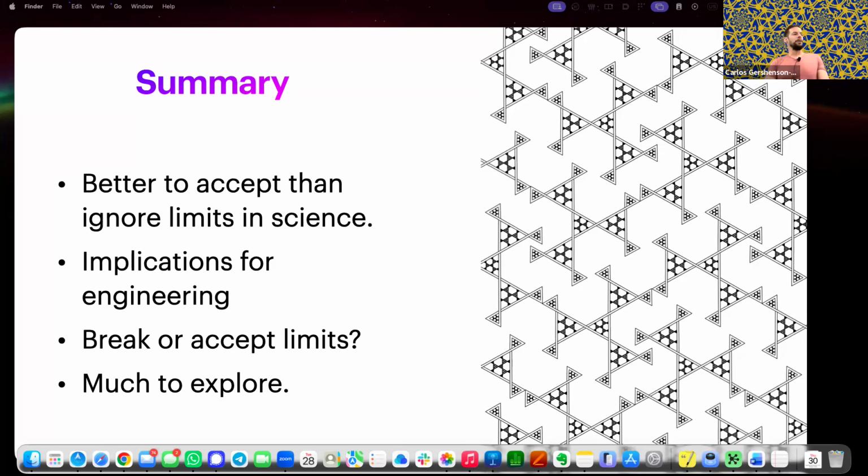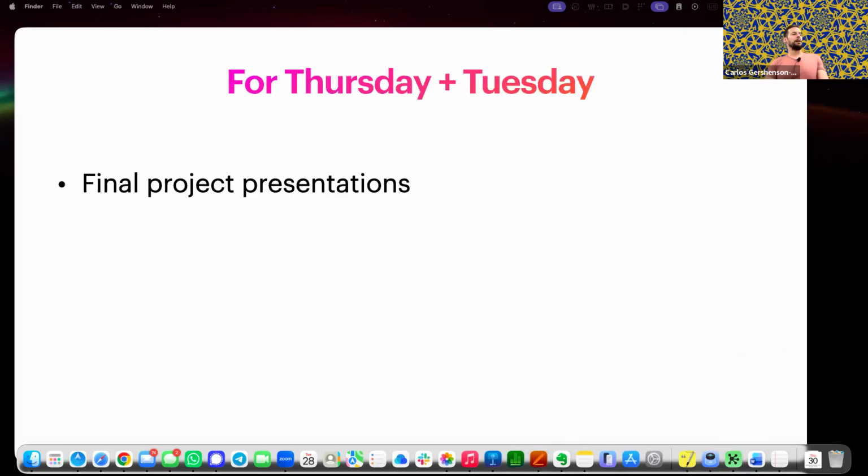Okay, so for Thursday and Tuesday, we'll have final project presentations. I was trying to log into Brightspace unsuccessfully. I still have to give you feedback on your advances, but hopefully I'll be able to do that today. There's a temptation for everybody to present on Tuesday, but that defies the idea of having it on 2 days, because if everybody presents on Tuesday, we might not have time.